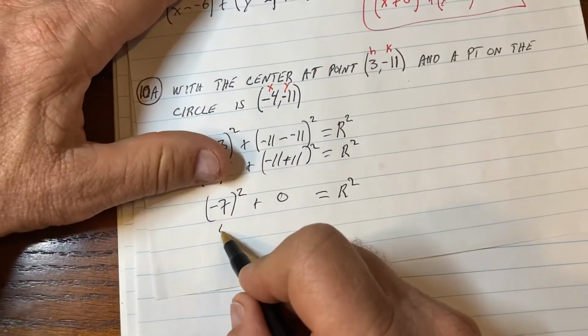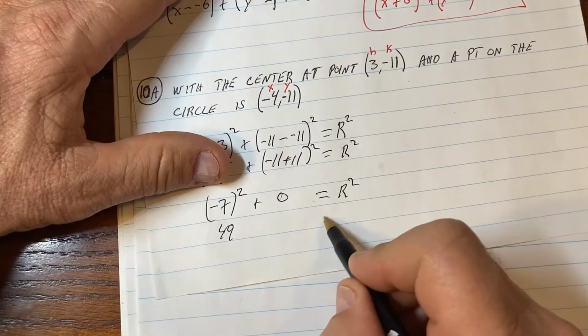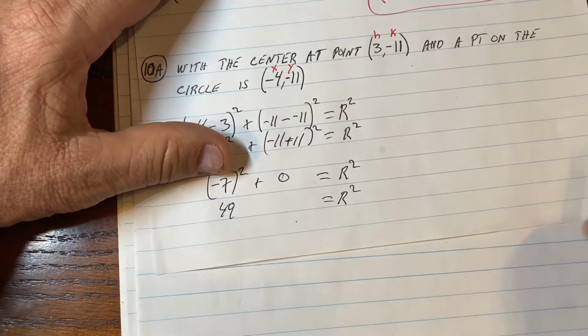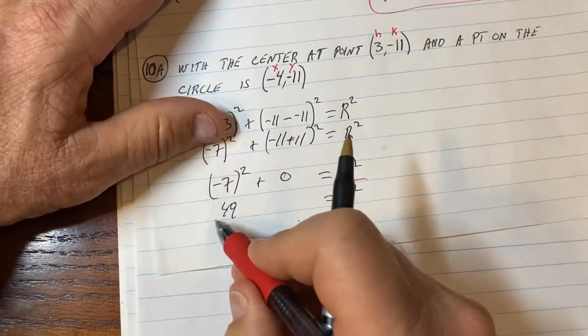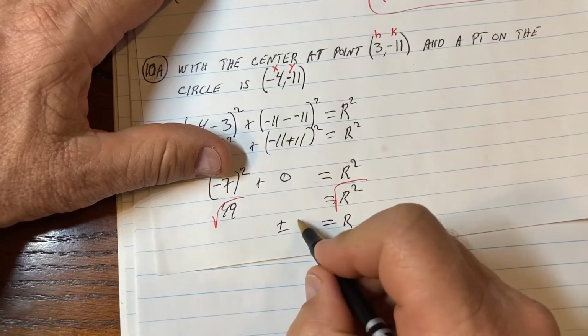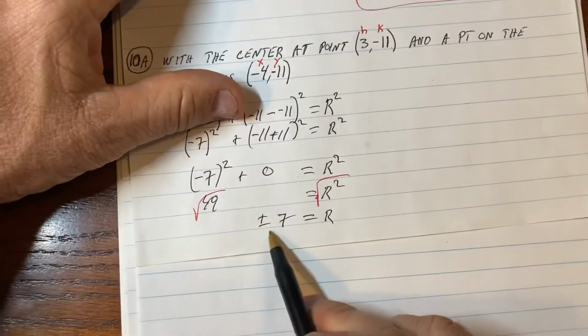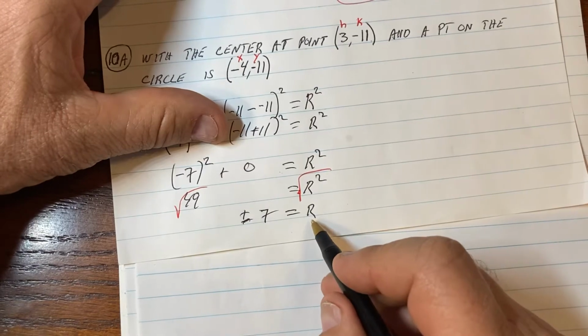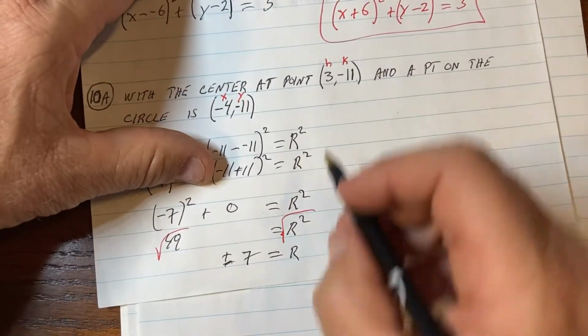That's going to be 49 equals r squared. When you take the square root of both sides, r equals plus or minus 7, but hey, this is a distance. Distance is never negative. So we can get rid of negative 7. The radius is 7.